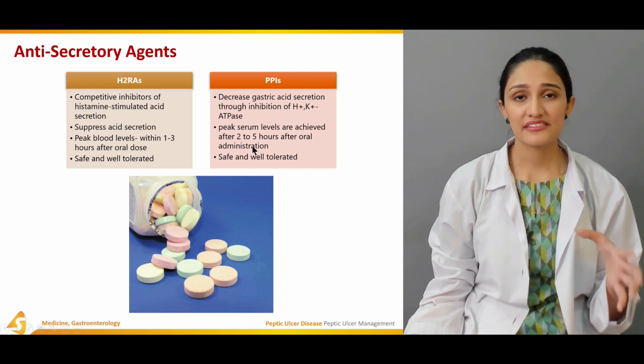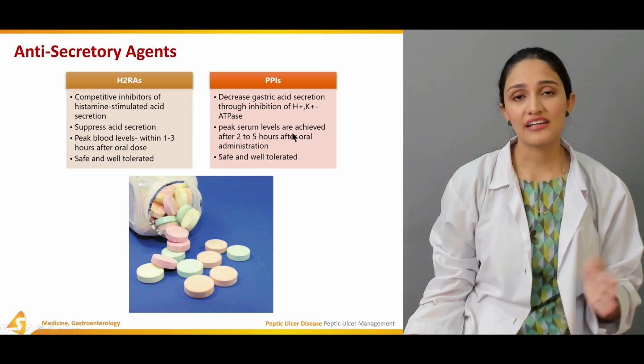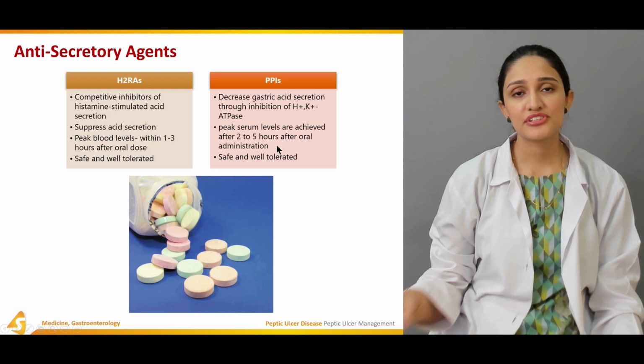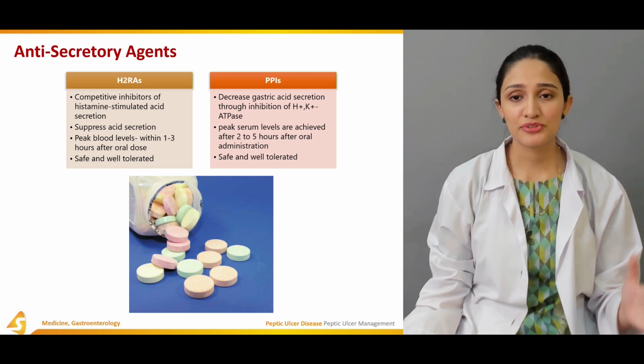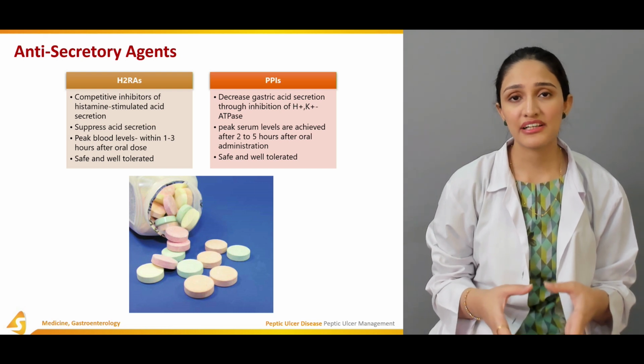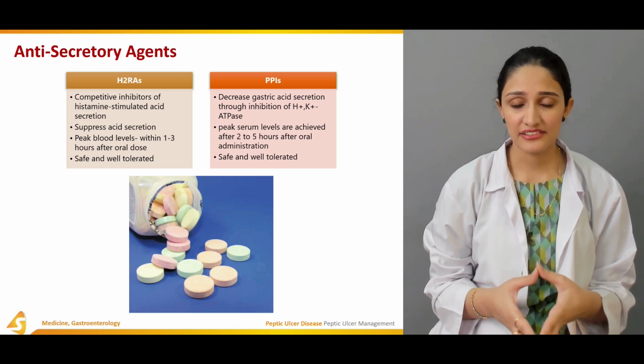The peak serum level is usually not achieved until 2 to 5 hours after the oral administration of the proton pump inhibitors, and these proton pump inhibitors are also very safe and well tolerated.